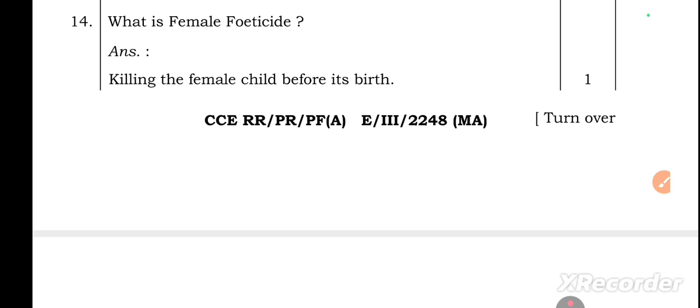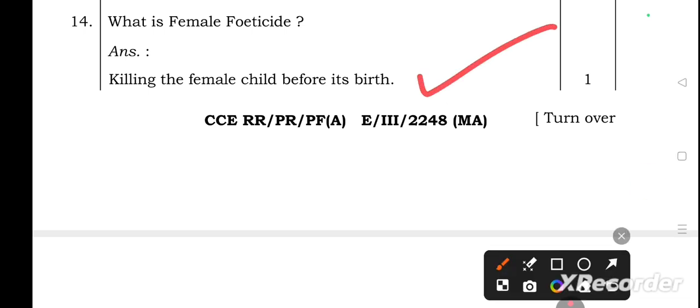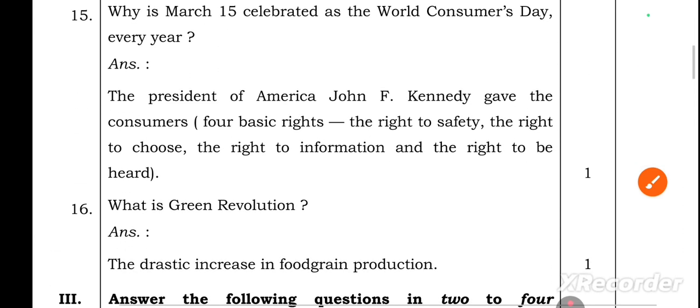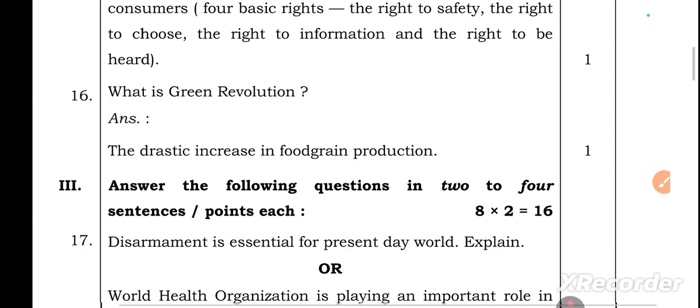Killing the female child before its birth is called female foeticide. 15th one, why is March 15 celebrated as World Consumers Day every year? Answer: the President of America, John F. Kennedy, gave the consumers 4 basic rights: the right to safety, the right to choose, the right to information, and the right to be heard.